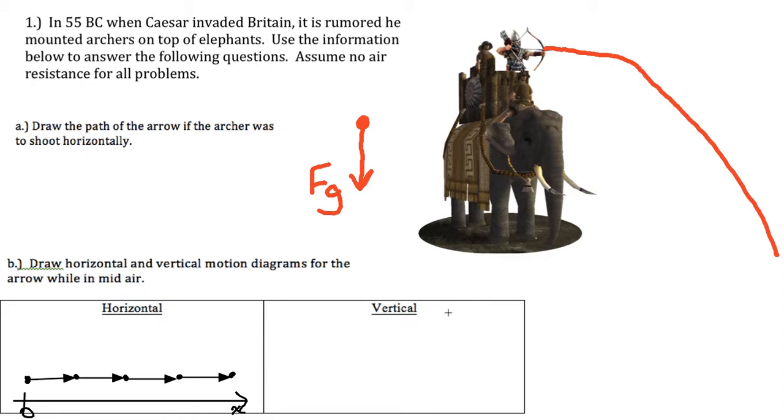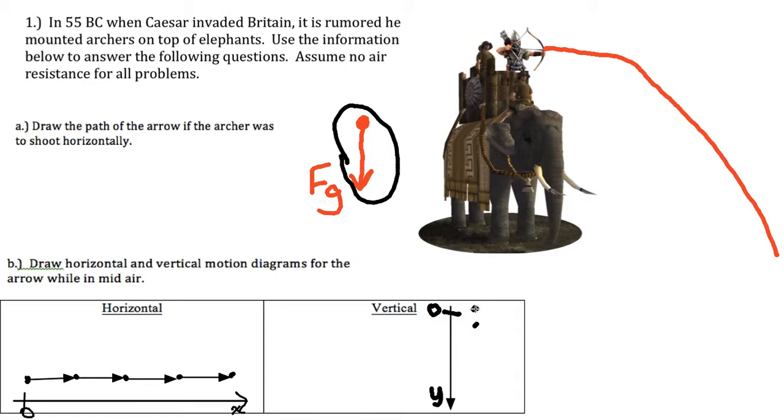Great. So now for the vertical motion diagram, we have a vertical line now. Up here we label this 0. We're labeling this Y because it's in the vertical direction. Now, as this drops, its speed will increase due to that force of gravity. Gravity is pulling it downward, so it'll get faster and faster as it drops.